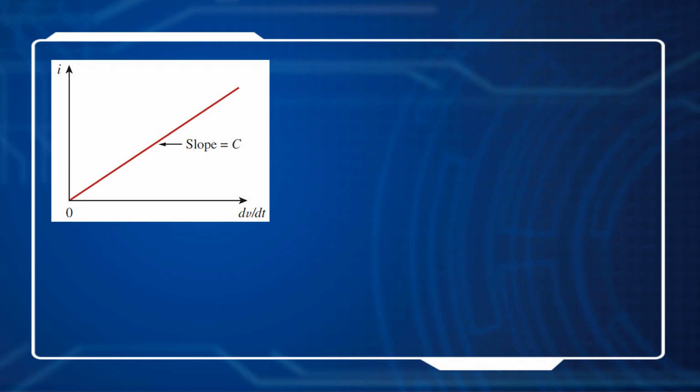This is the relation between the current I and the voltage V of a capacitor. For a linear capacitor, I equals dq over dt. Putting in the equation for Q, we get I equals C times dV over dt. So the current I is directly proportional to dV over dt.